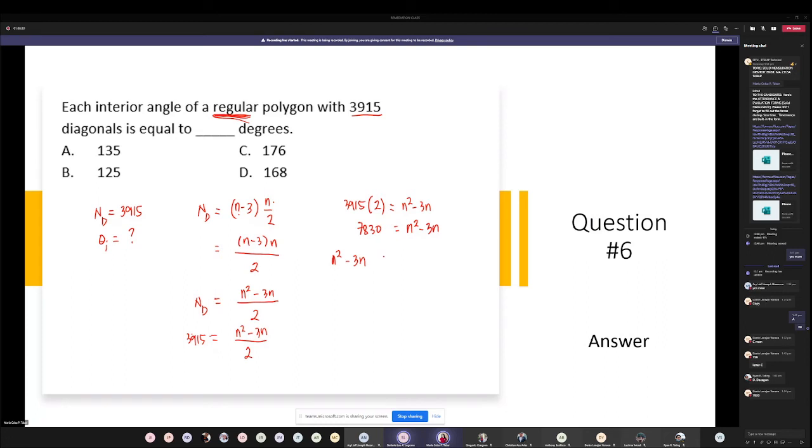So we can arrange the terms so that it follows the ax squared plus bx plus c is equal to 0 form. Use the quadratic formula, or completing the square, or factoring to solve for n, or I can teach you how to use the calculator equation mode.